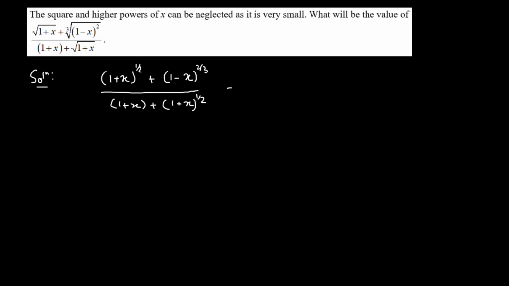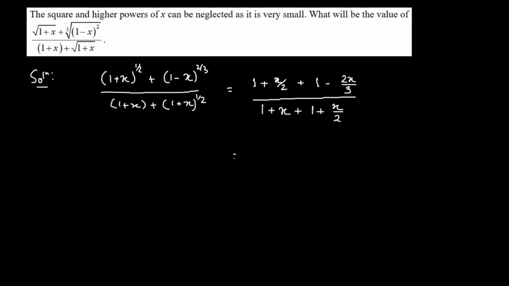Now we apply the binomial approximation, so the first expression will be 1 plus x over 2 plus 1 minus twice x over 3 divided by 1 plus x plus 1 plus x over 2.